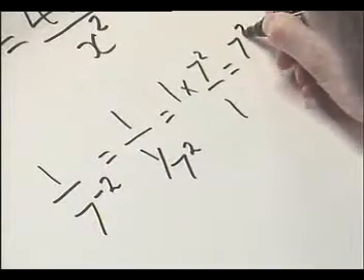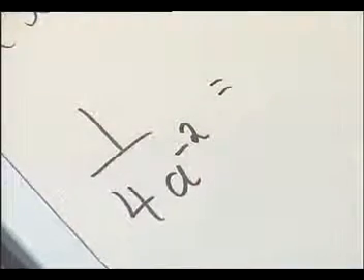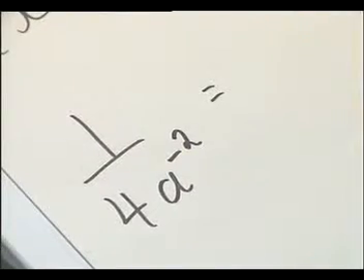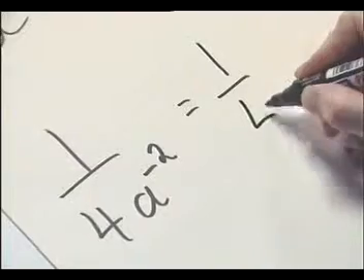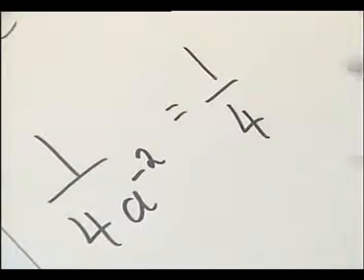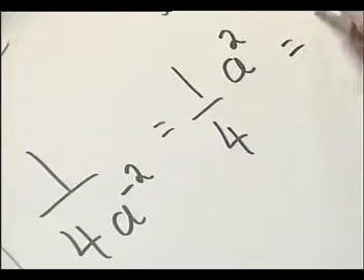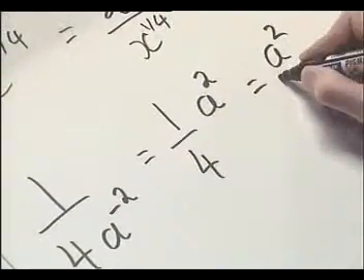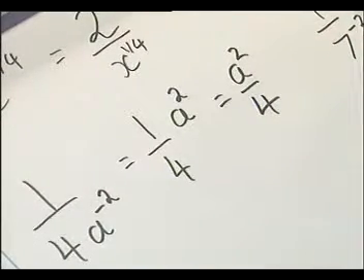And so we ended up with 7 squared. This is no different. There's a letter there instead of a number, but the result is going to be exactly the same. So the 4 stays where it is, 1 over 4, and this becomes a squared. And to write it in a more simple, tidier fashion, it's a squared over 4.